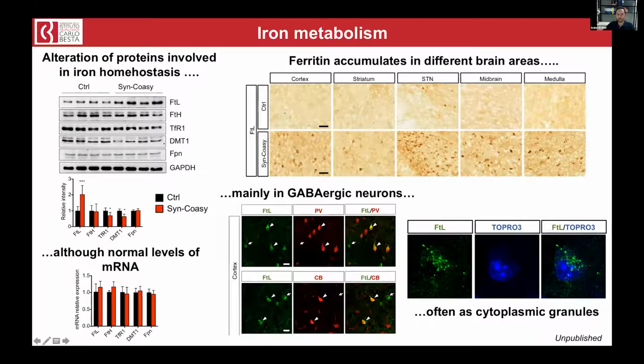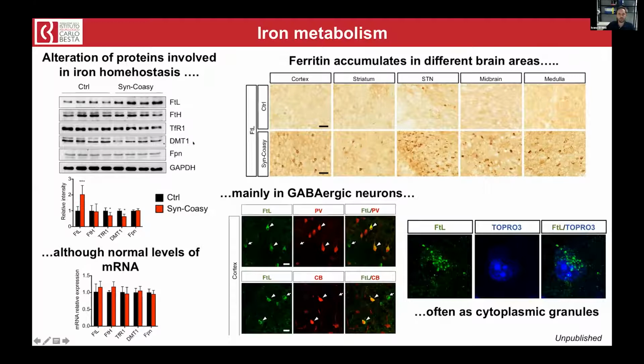And in the cortex, we found that the ferritin accumulates mainly in GABAergic neurons, often as these cytoplasmic granules.